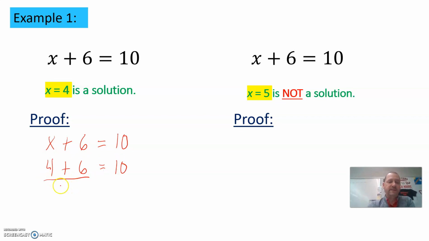So 4 plus 6 is 10. Does 10 equal 10? Yes, it does. Therefore, x equals 4 is a solution because it solves that so that it is equal on both sides.